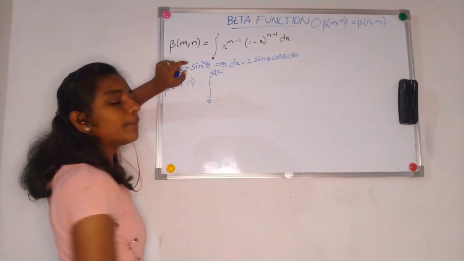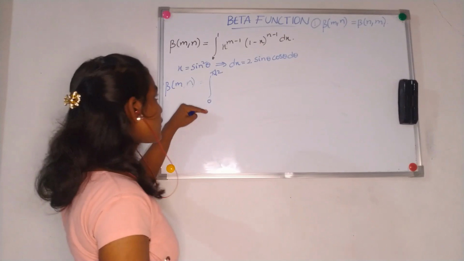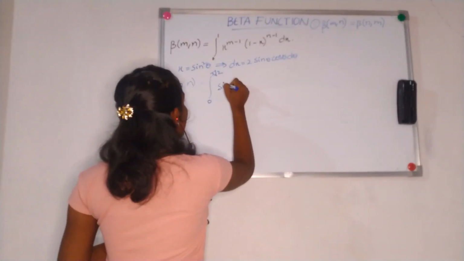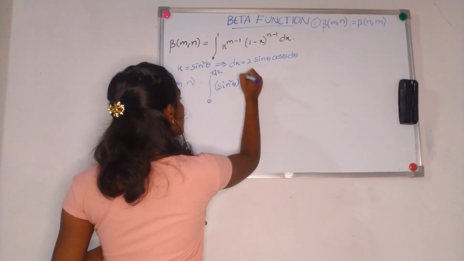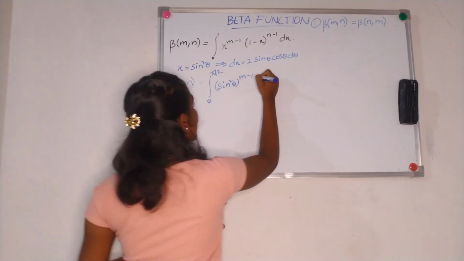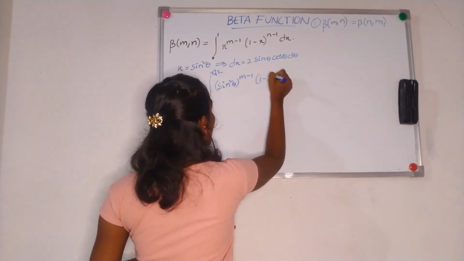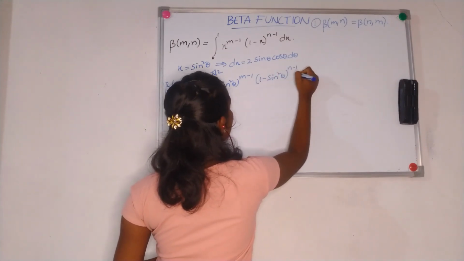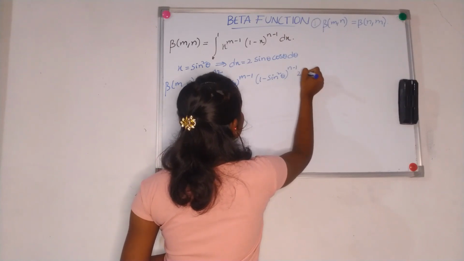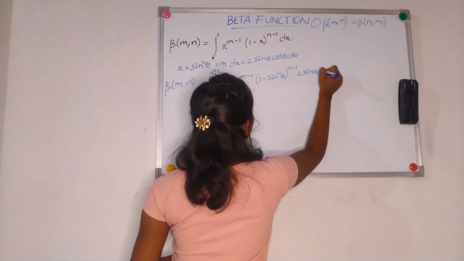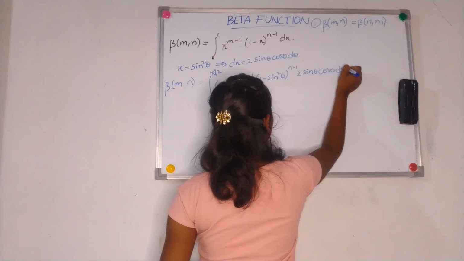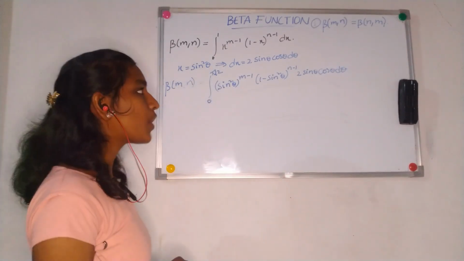So the upper limit will be pi by 2. So from 0 to pi by 2, you have to put sine square theta instead of x: sine square theta whole power m minus 1 into 1 minus sine square theta whole power n minus 1 into 2 sine theta cos theta d theta, right? This is what I have got now.